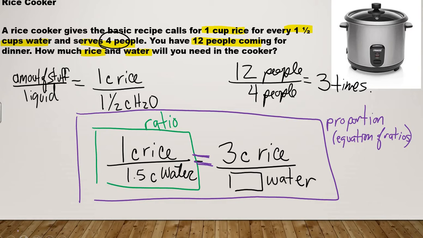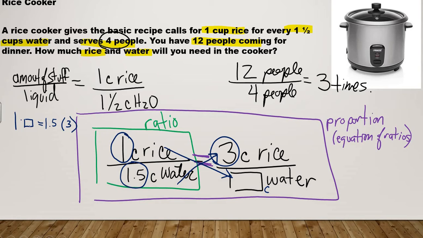To solve mathematically, we do something called cross multiplication. So I always actually draw the arrows. I'm just going to stay with my numbers. I'm only looking at my numbers. And in my proportions, all of it's in cups. So it's 1 times an unknown equals 1.5 times 3.